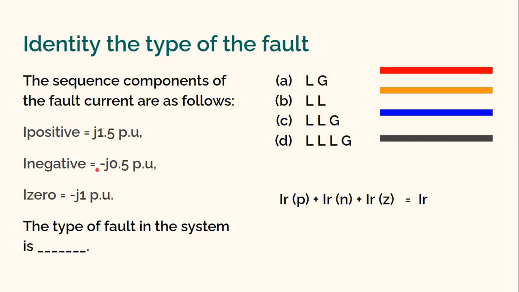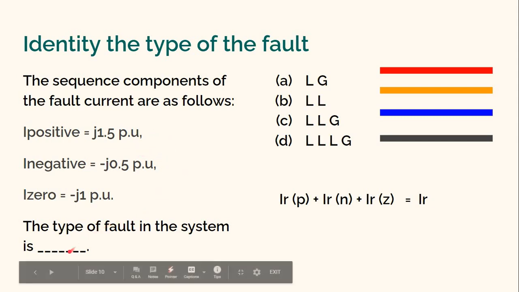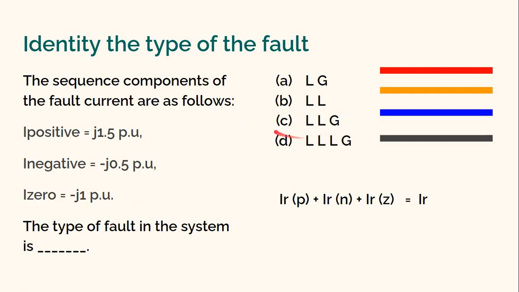If you add the negative and zero sequence components, it gives minus j1.5, which exactly satisfies the relationship where the positive sequence component of the current is equal to minus 1 times the negative plus zero sequence components. So for this data, it should be a double line to ground fault. Thank you.